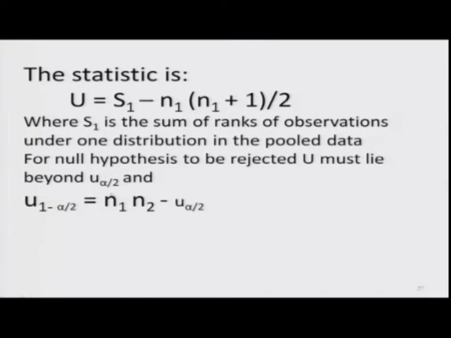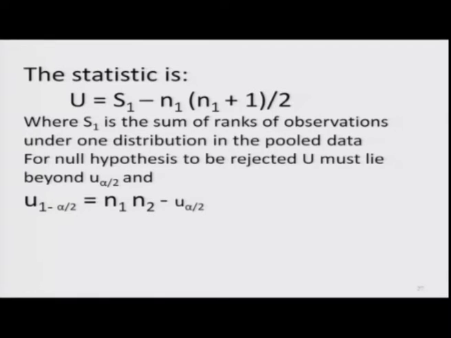If this value lies between this and this, then you accept the null hypothesis. If your calculated value U is less than this or more than this, then you will reject the null hypothesis, as per the usual rule for acceptance or rejection.